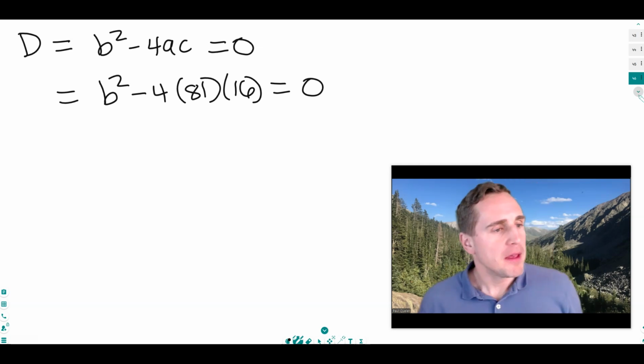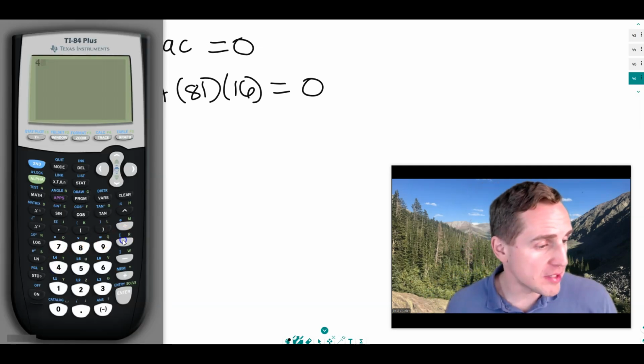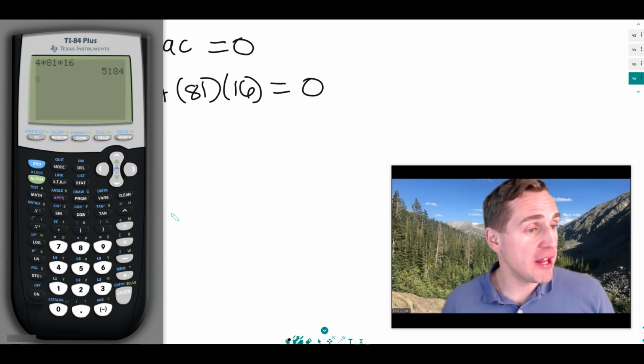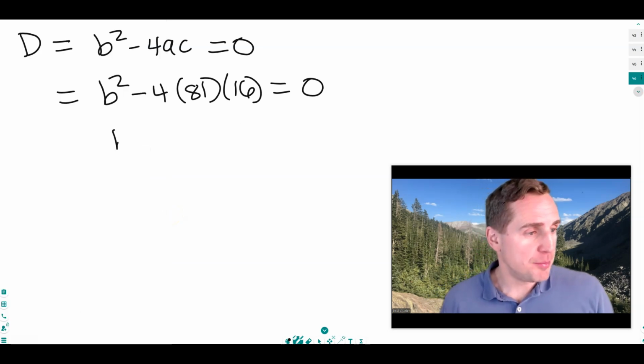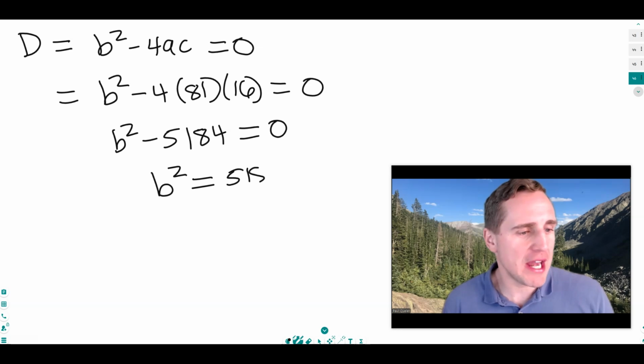Let me double check. So we need to calculate these numbers with the calculator. So let's do 4 times 81 times 16. So we have 5,184. So this is b squared minus 5,184 is equal to 0. So that's b squared is equal to 5,184.